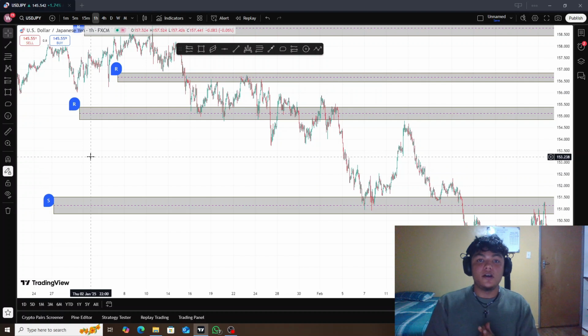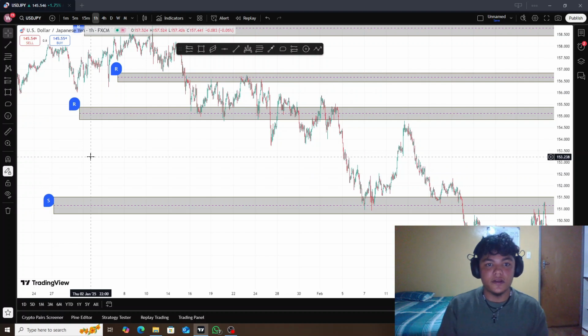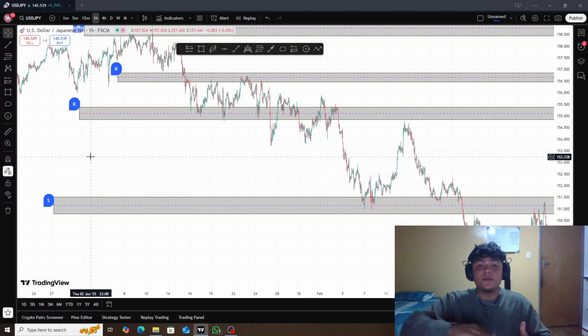Guys, I know I'm working with live charts. Charts are super messy, because like I mentioned earlier, with my drawings it looks simple. Anybody can do it. But when you work on the charts, it's super messy.